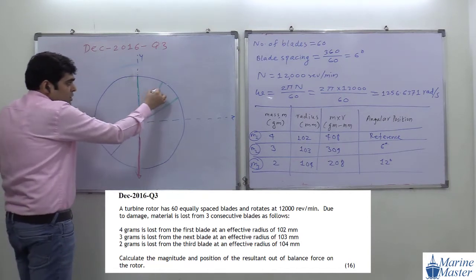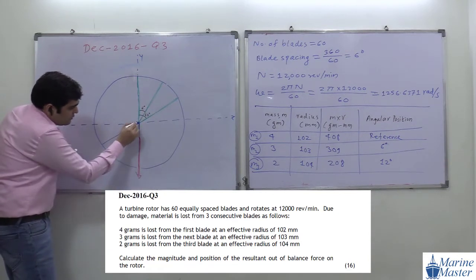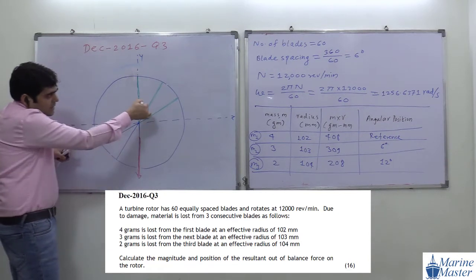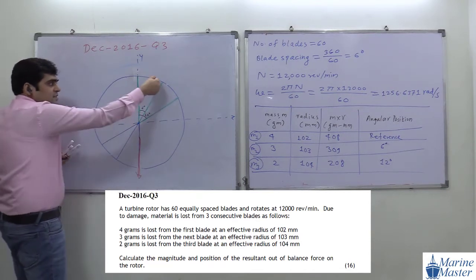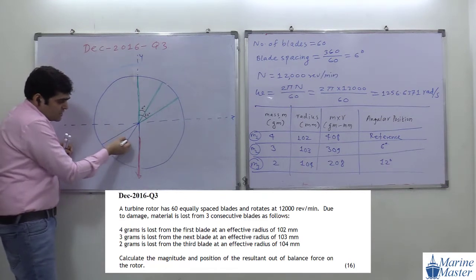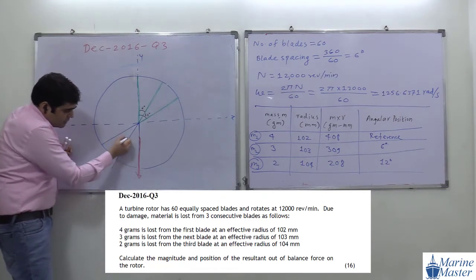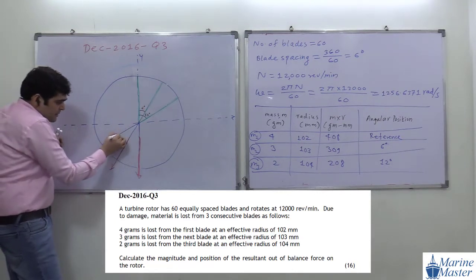The mass on this blade gets reduced. Due to that, what will happen? If this mass is removed, the mass on this side gets reduced and the mass on the other side increases. As the mass on that side is increasing, the centrifugal force will come like this. Same with this blade.